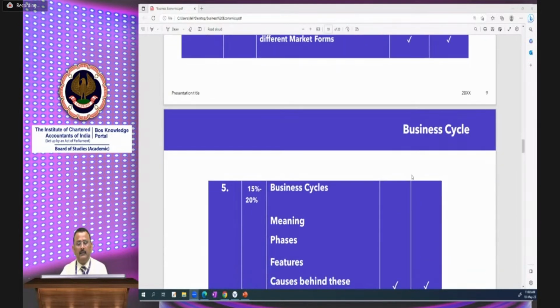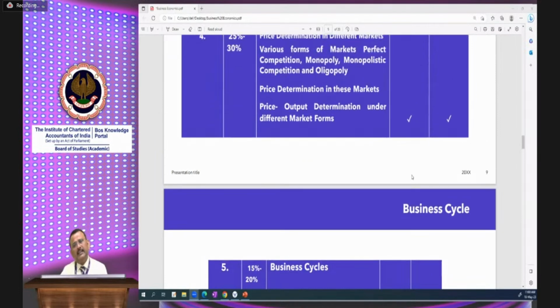Then the last unit is business cycle. That consists of 15 to 20% weightage. And here we are talking about the meaning, the phases of business cycle, the features, and the causes behind all these.